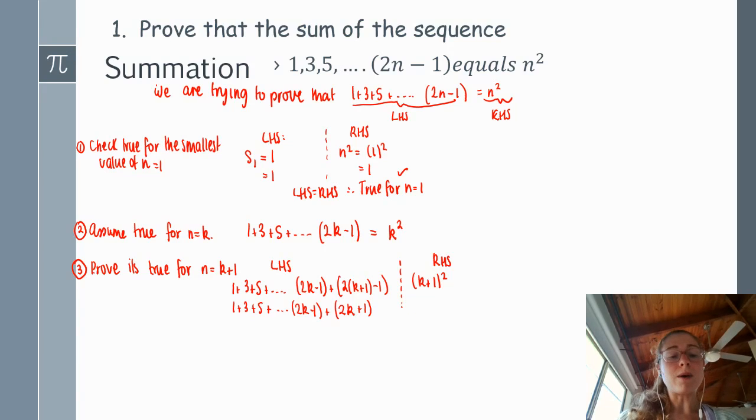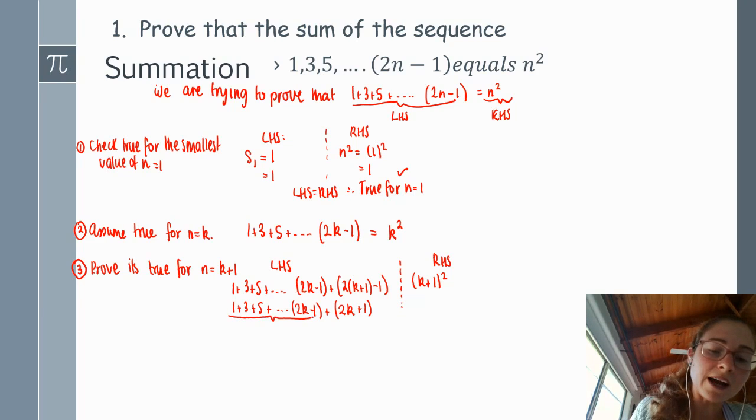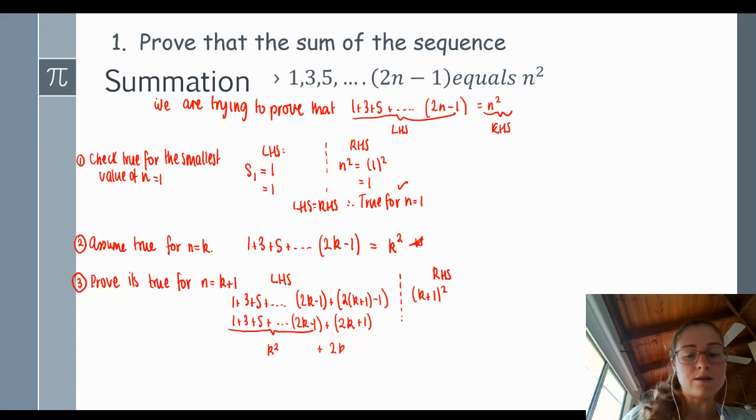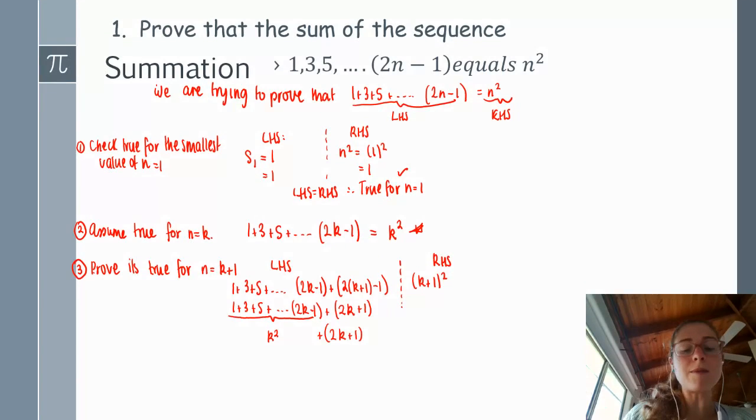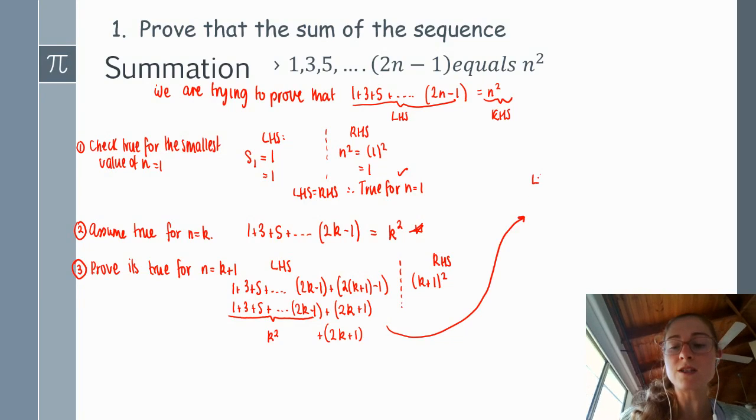So I'm going to start with my left-hand side on step 3. And I'm going to say, okay, well, I know this is equal to k squared from step 2. So then on my left-hand side, I have k squared now plus 2k plus 1. Can we manipulate this left-hand side so it looks like my right side, k plus 1 all squared? Let's try it. I'm just going to move this part up over here so we're still looking at the left-hand side. Let's expand the left-hand side, bring the terms together.